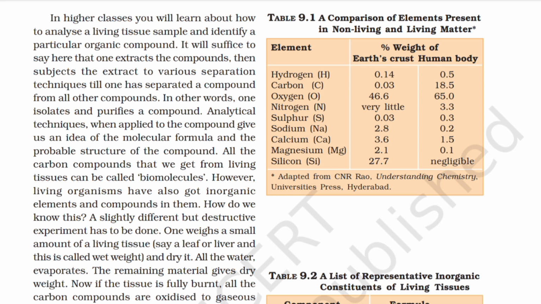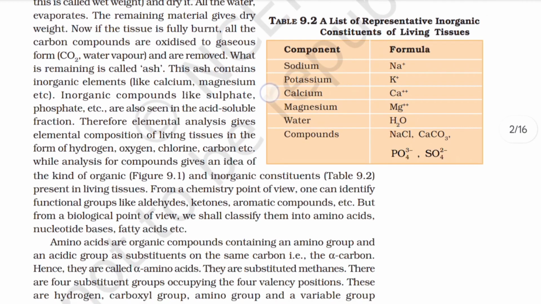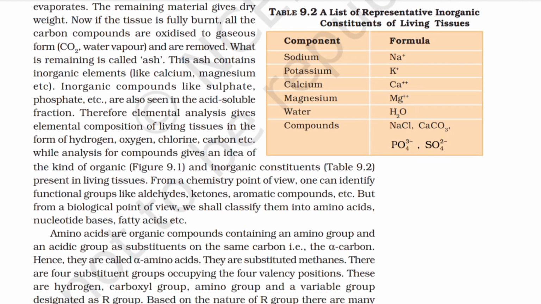One weighs a small amount of a living tissue, say a leaf or liver, and this is called wet weight, and dries it. All the water evaporates. The remaining material gives dry weight. Now, if the tissue is fully burnt, all the carbon compounds are oxidized to gaseous form, CO2, water vapor, and are removed.